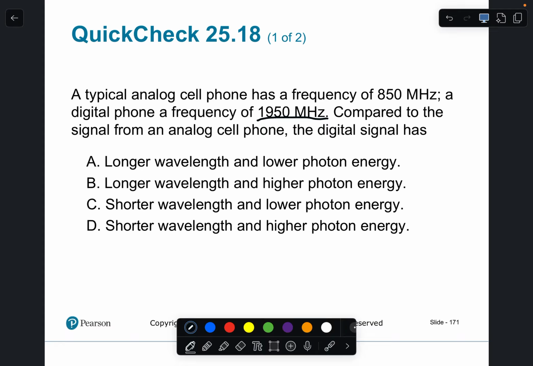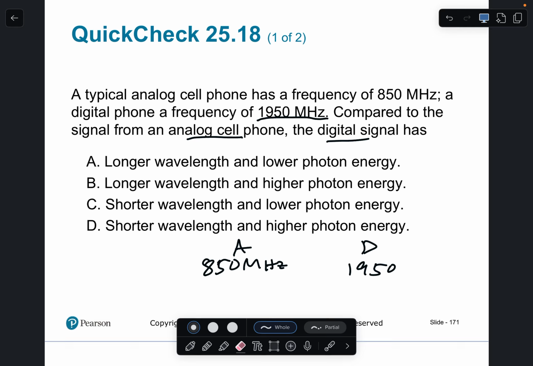But let's talk now about the properties of a wave with different frequencies. How do we compare the analog to the digital? The analog being 850 megahertz and the digital being 1950 megahertz. We're comparing the wavelength and the energy.